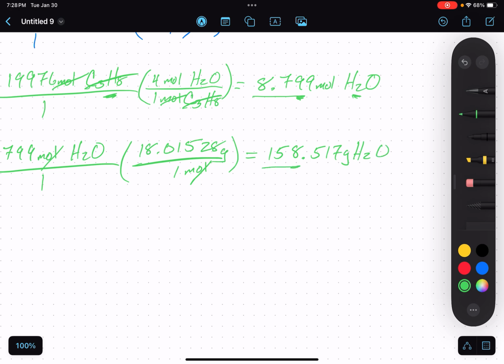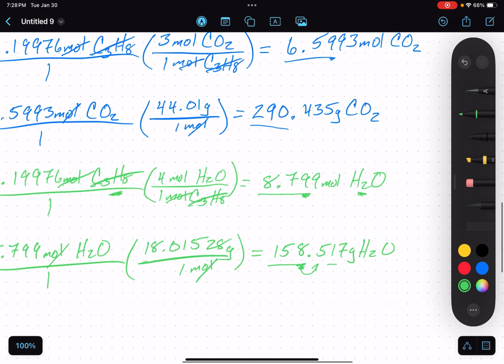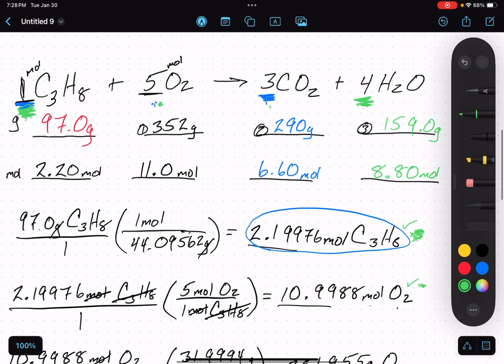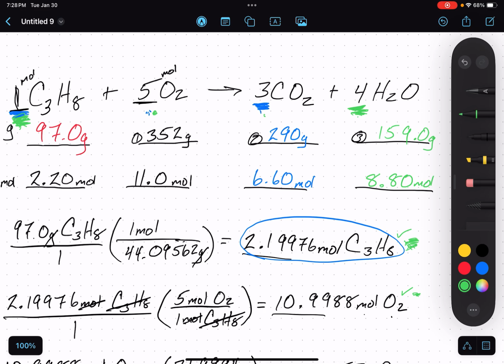And if I want that to 3 significant figures, look to the right, I have a 5, but to the right of the 5, I have a non-zero digit, so therefore I round that 8 up. So that will be 159.0 grams of water. So these are the answers.